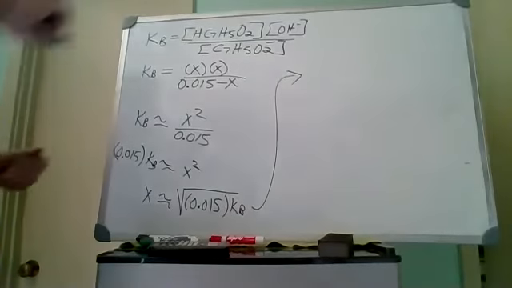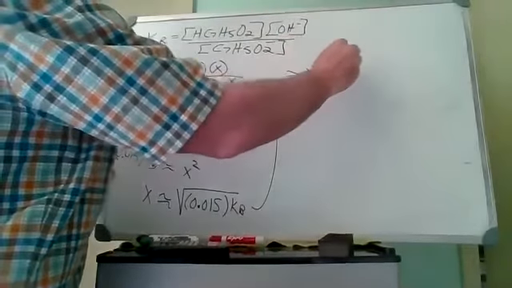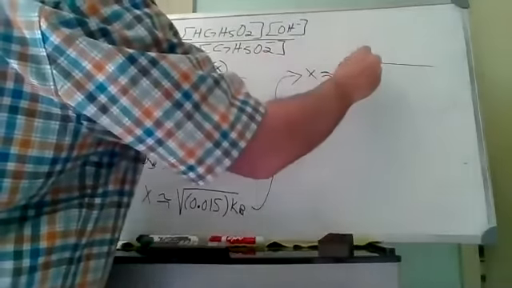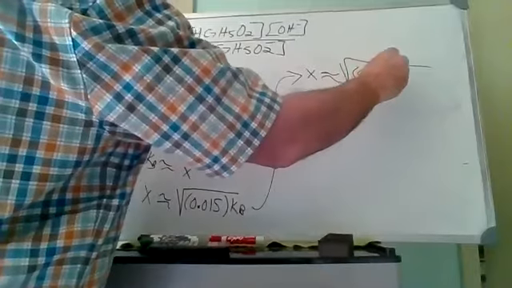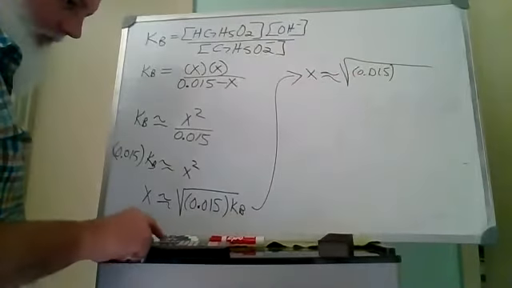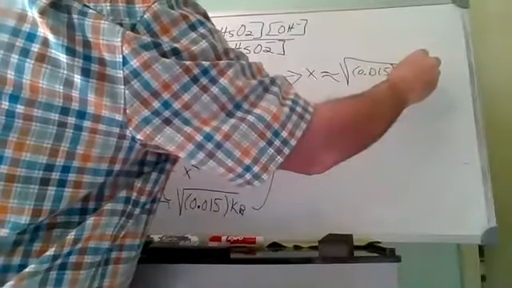So let's go ahead and plug the numbers in. X is approximately the square root of 0.015 times KB, which was, I have it in my memory here, 1.6 times 10 to the negative 10.